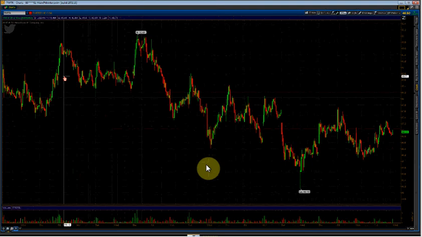But what if you find out that it doesn't matter on the 50-50 system if you go first strike out of the money or $3 out of the money, you win the exact same number of trades? What if you find that out?